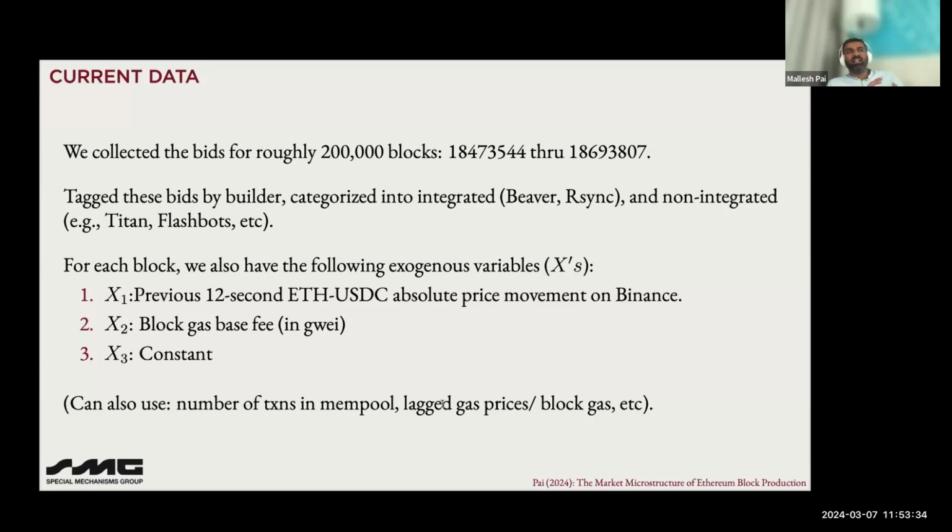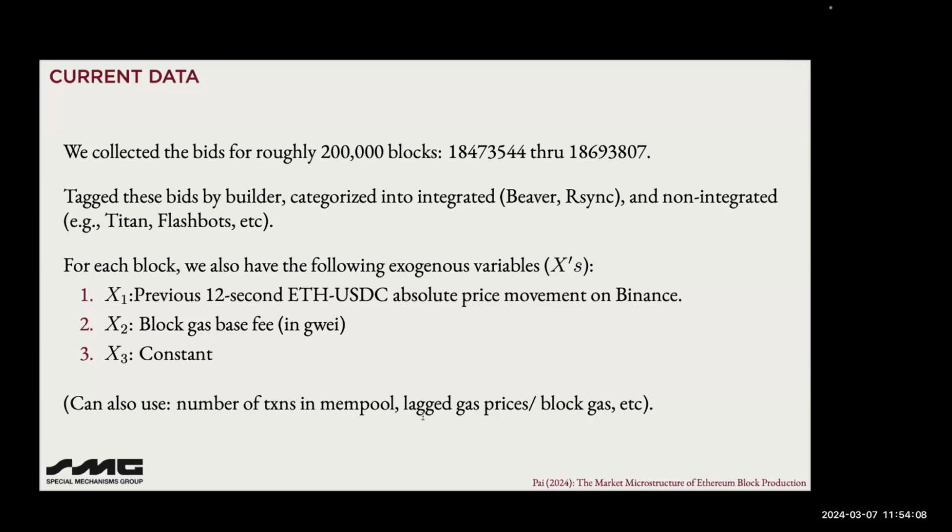There's a little bit of work that I'm not describing: we have about 5 major relays and maybe 9 or 10 relays overall. So we need to collect the bids at all of these relays, line them up into one auction, and then figure out when that auction finished and what the bids were. There's some cleaning work, but it is collectible, and I'm happy to go into more details offline afterwards.